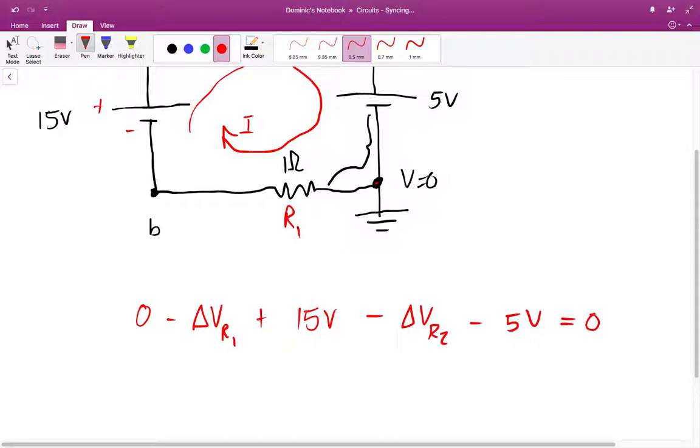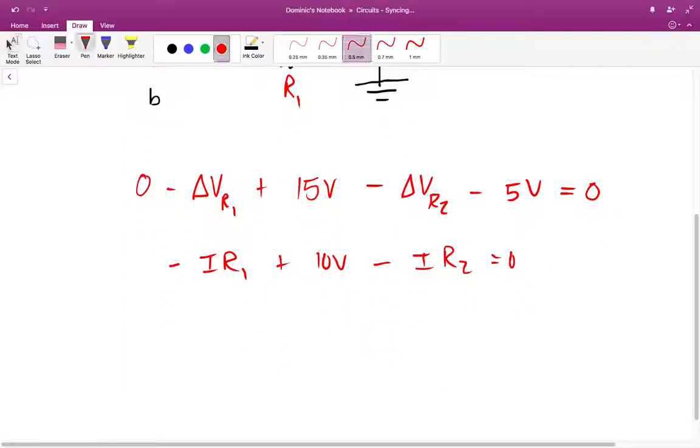Okay, delta V of R1 is going to be minus I times R1. I'm going to add 15 volts minus 5 volts, so that gives us plus 10 volts. And then we have minus I times R2, all of that equals 0.